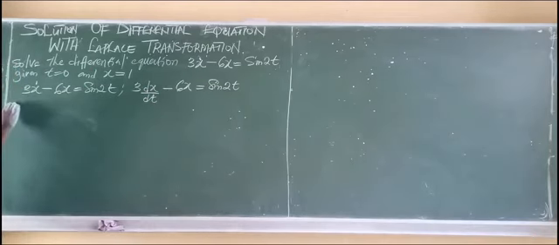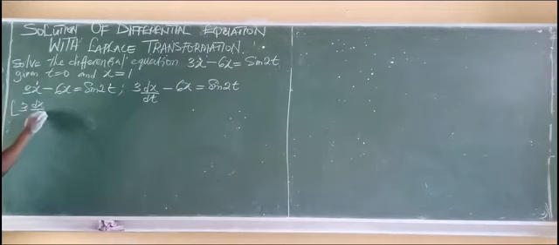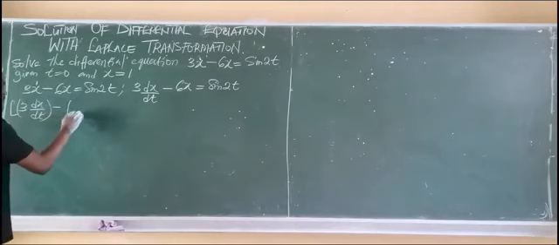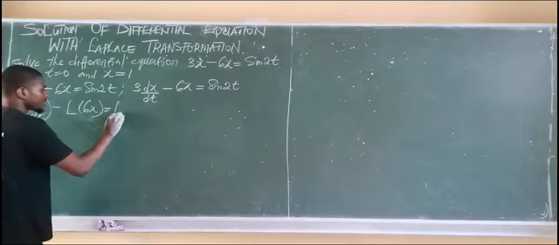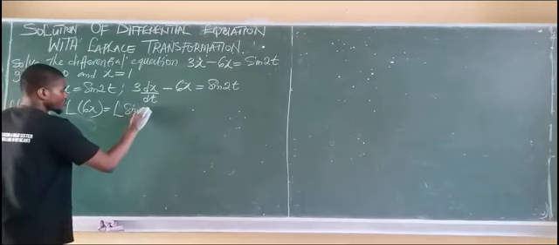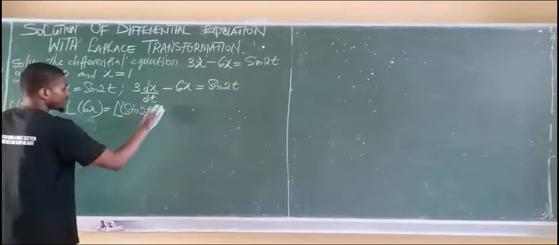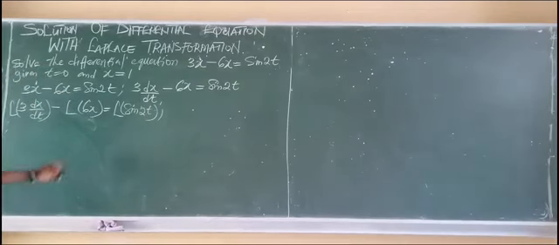So we write the Laplace transformation of 3 dx over dt, minus the Laplace transformation of 6x, and this is equal to the Laplace transformation of sine 2t. Let's bring all the constants out of the Laplace sign.